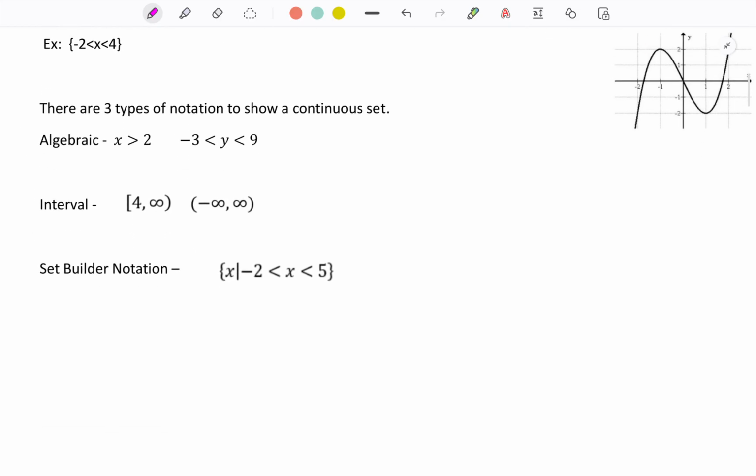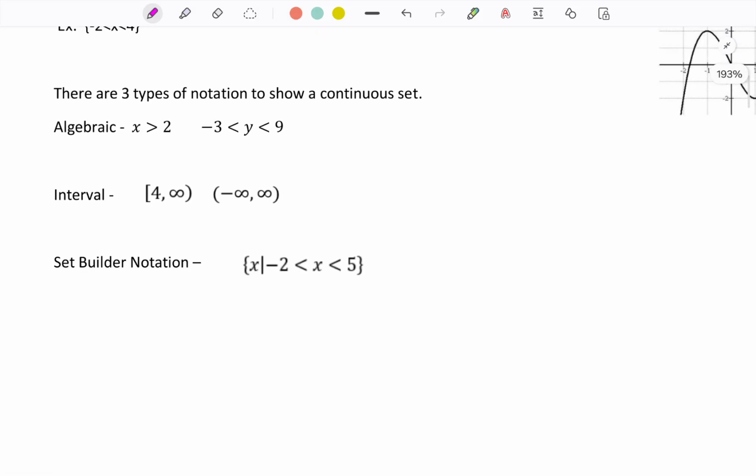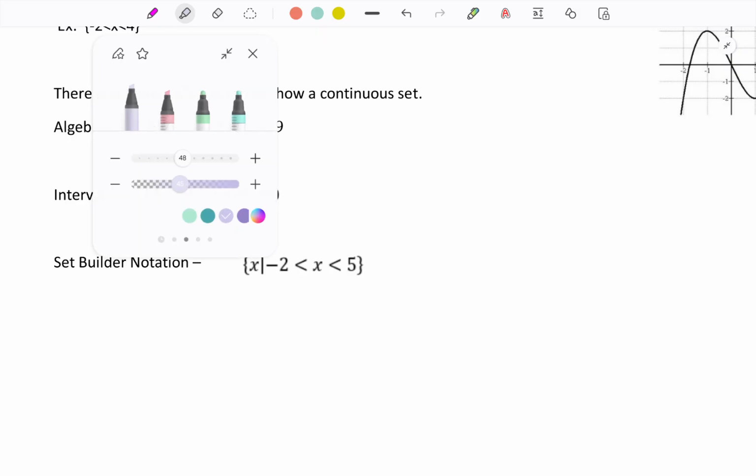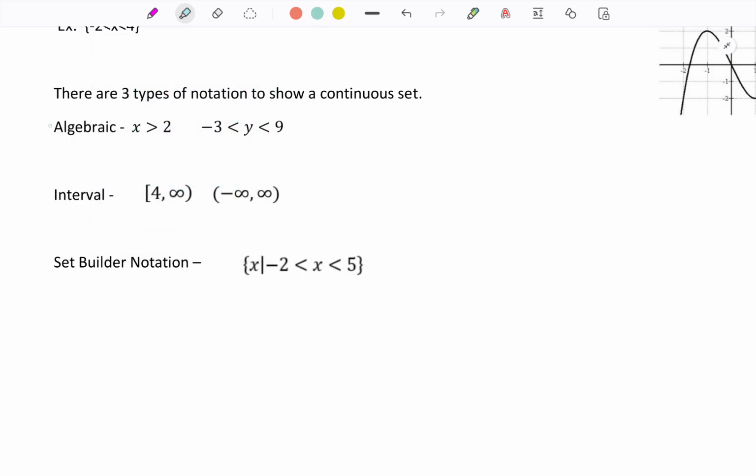There's three ways that we can note a continuous set. We can do it algebraically, and that is the way that you are probably most familiar with, because it just looks like an inequality. Sometimes you do have to note different sets, so you have to write an or statement.